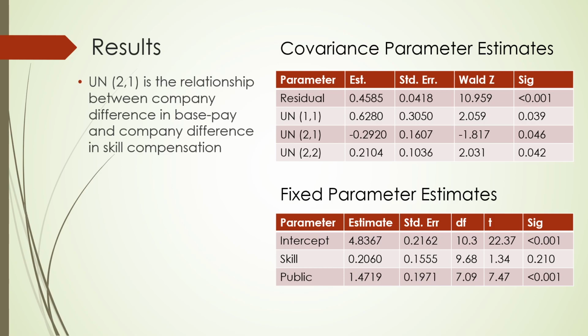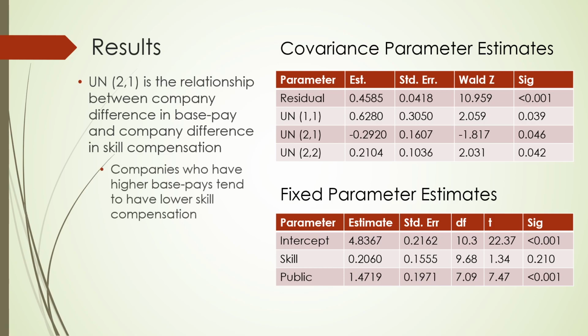And I will use the base pay as the one that increases, which means that as base pay increases, skill compensation statistically significantly tends to decrease. And you can think about that as kind of the pay curve flattening out. So if I hire you at a higher salary, according to this, on average, there is a statistically significant relationship that I'm going to compensate you less as your experience increases.